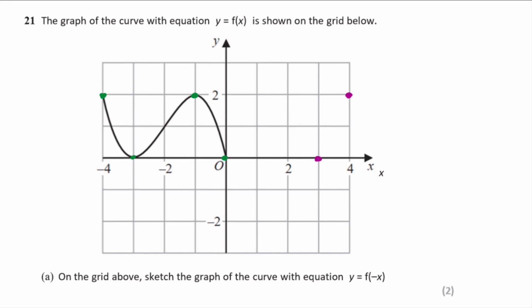And then there's another one there I can do, that point there at minus 2, 1. That's going to reflect over to 2, 1. And then I've got one at minus 1, 2, which is going to go to 1, 2. And then that one's going to reflect onto itself. Okay, so they're the points that I need. After I've done those reference points, it's just a matter of then joining them up to get my solution.